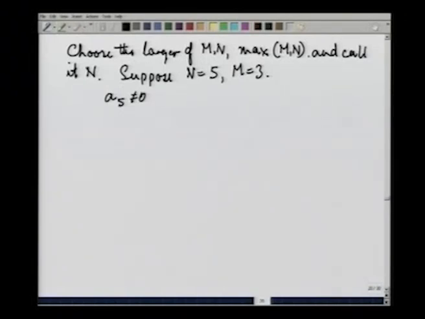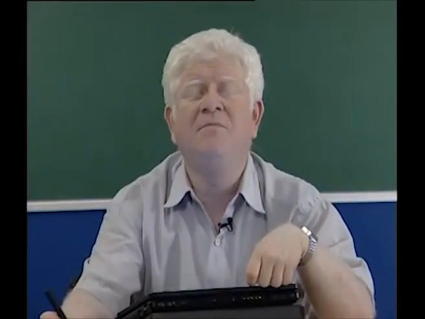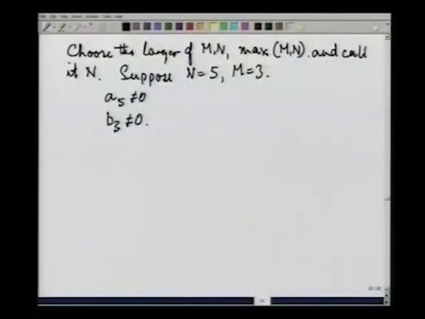On the other hand, for the right side, since M is equal to 3, we can write that b3 is not equal to 0, right. There is no higher coefficient on the right side than b3 because capital M equals 3. But that does not stop us from simply saying that b4 equals b5 equals 0.